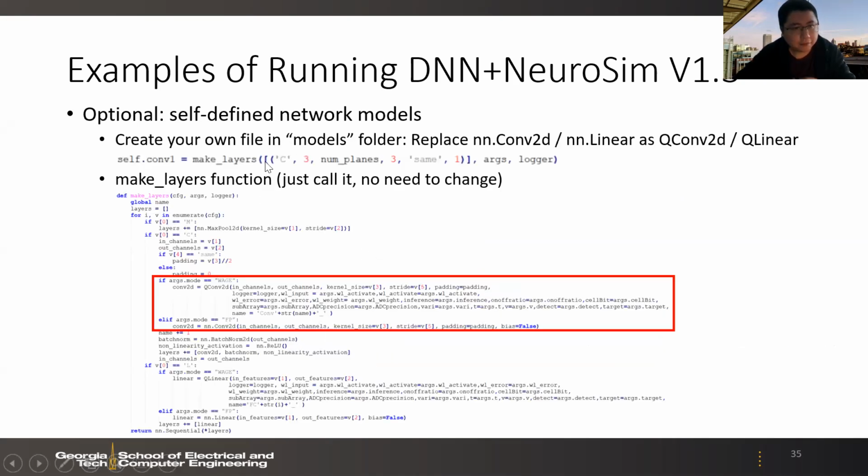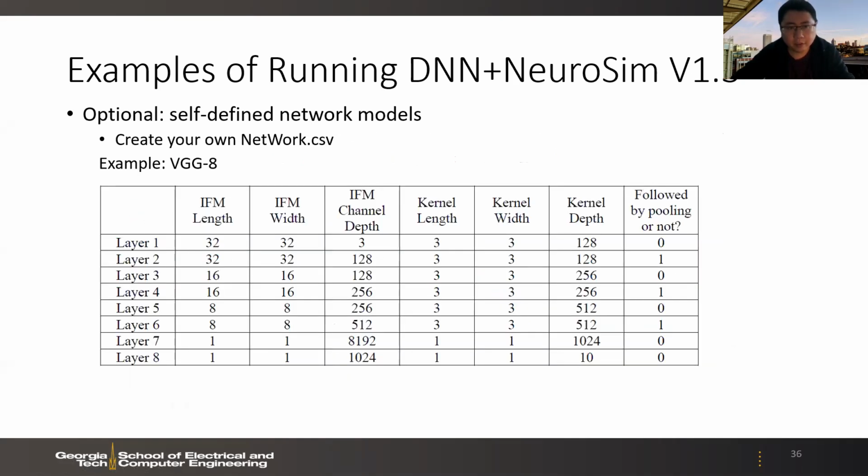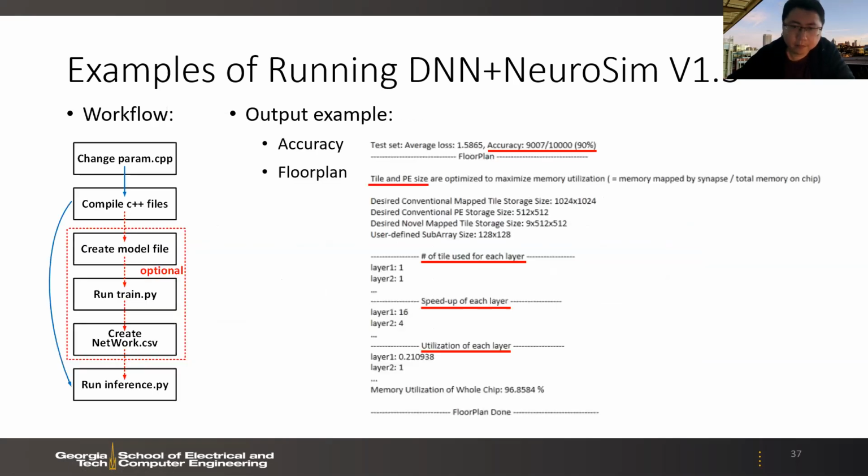And then here is some flow. If you self-define the network model, then you have to train your network first, and then compile it, and then load it into the NeuroSim. So for example, you have to create your own model by defining the network structure, like the input feature map, kernel size, and so on.